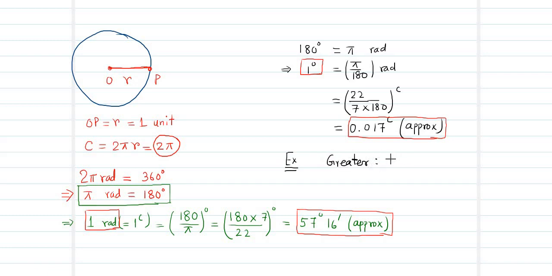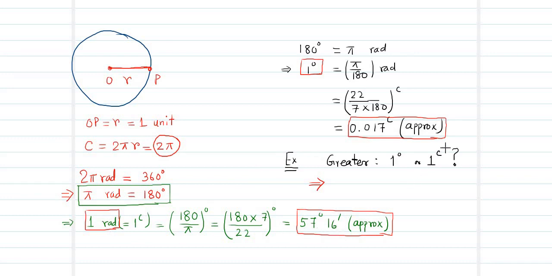Which one is greater, 1 degree or 1 radian? Obviously 1 degree is equal to 0.017 radian, or you can consider 1 radian equal to 57 degree 16 minutes.